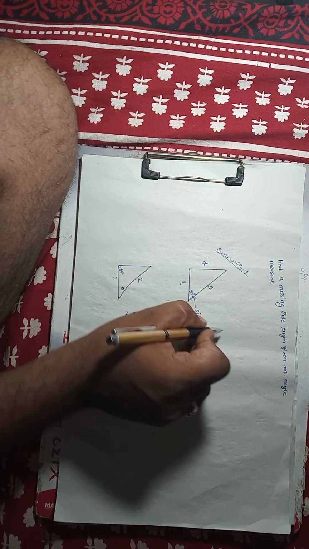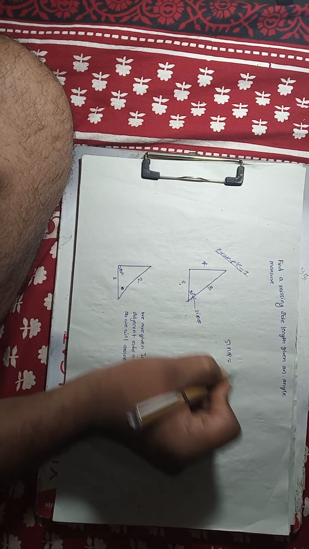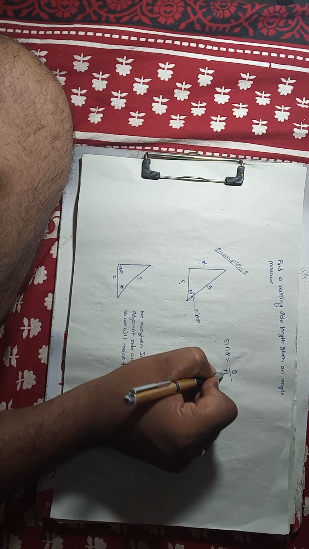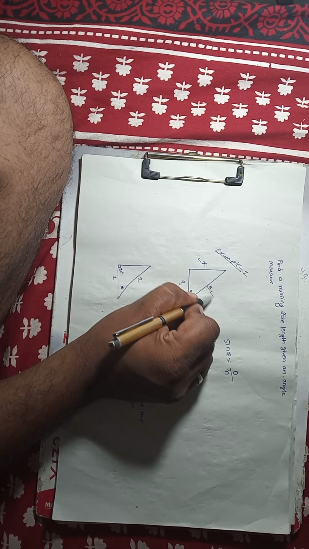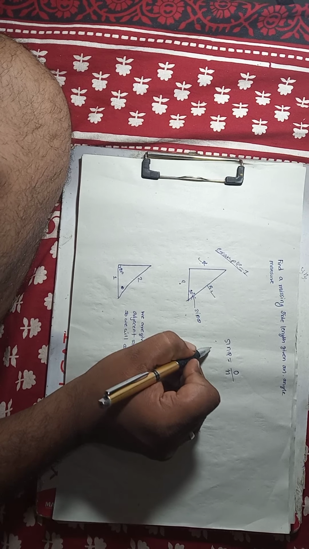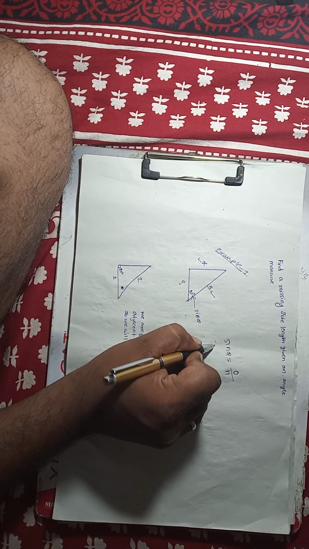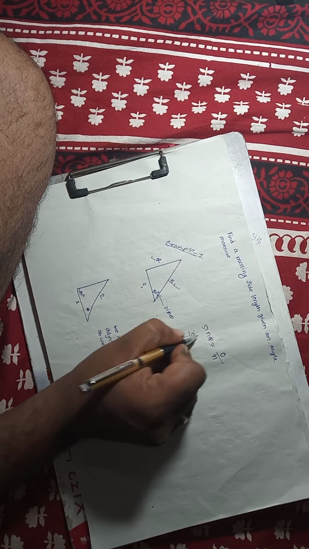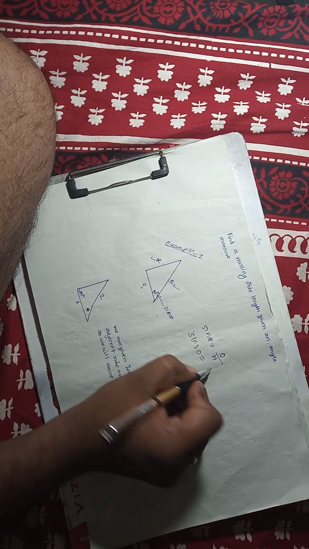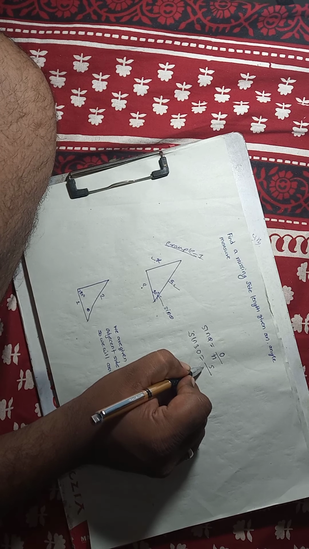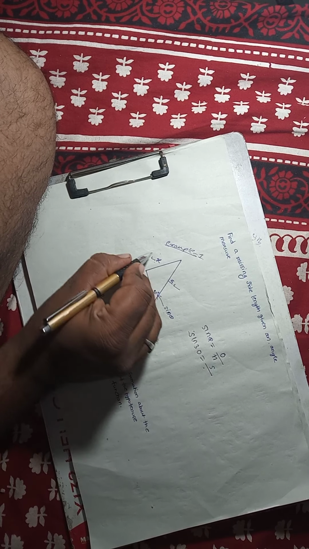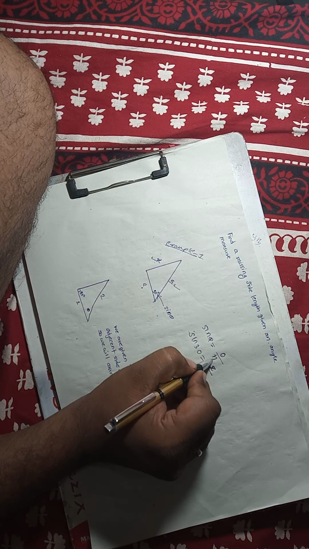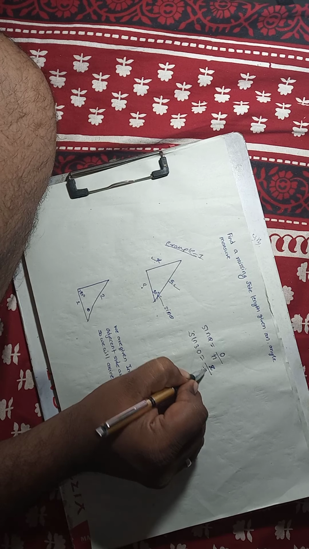So for sine, sine theta is opposite side divided by hypotenuse. In this case theta is 30, so sine 30 is equal to x by pi, where the opposite side is x and the hypotenuse is pi.